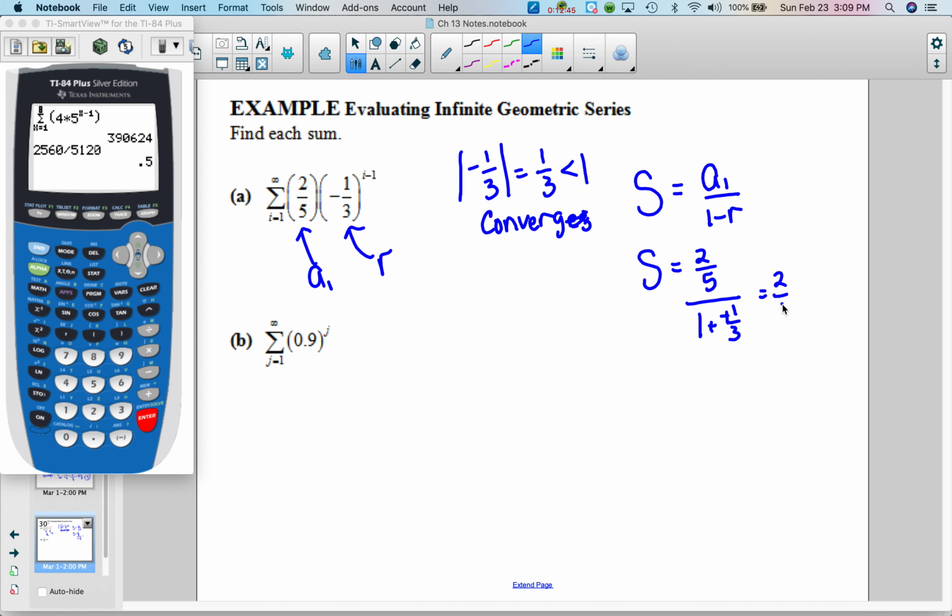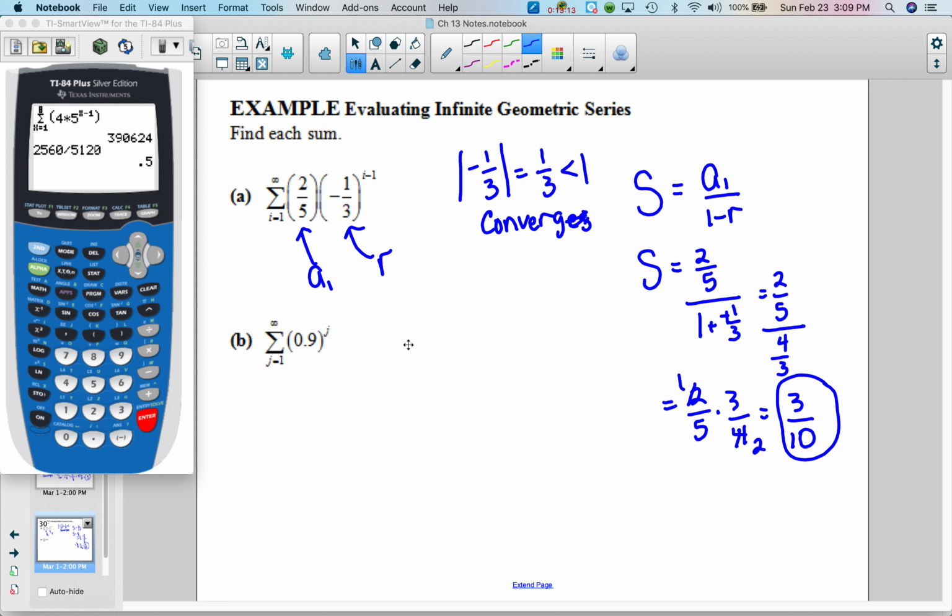So we have 2/5 divided by 4/3, which is 2/5 times 3/4. So we get 3/10 for our answer. And it's all right if you have to use your calculator, but you should really be able to do those fractions. And this will help you remember.